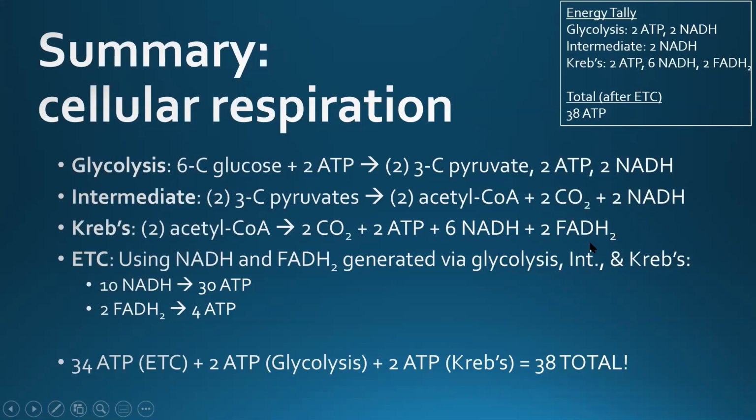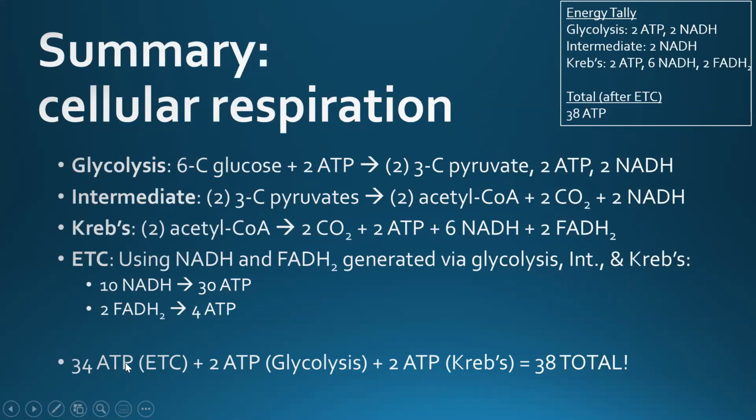And then finally, you're going to take the NADH and the FADH2 generated via glycolysis, pyruvate oxidation, and the Krebs cycle. And with the 10 NADH, you're going to produce 30 ATP. Remember, 1 molecule of NADH produces 3 ATP, so 10 times 3 is 30 ATP, and then 2 molecules of FADH2, 4 ATP, because 1 molecule of FADH2 produces 2 ATP.